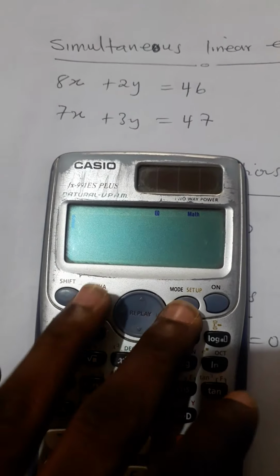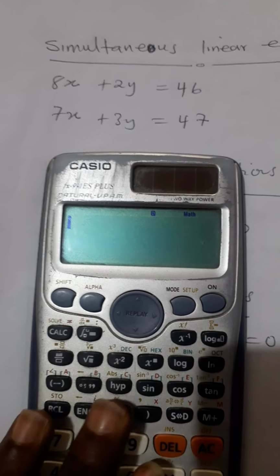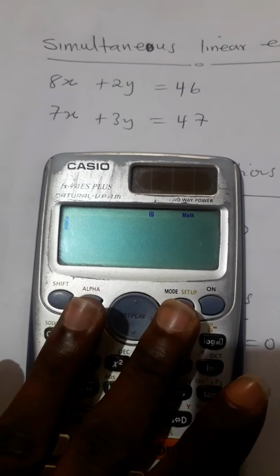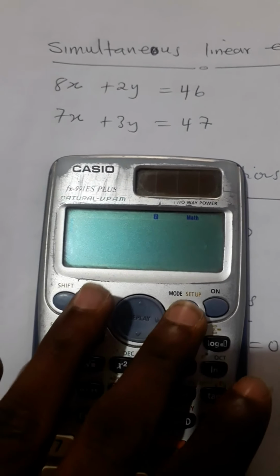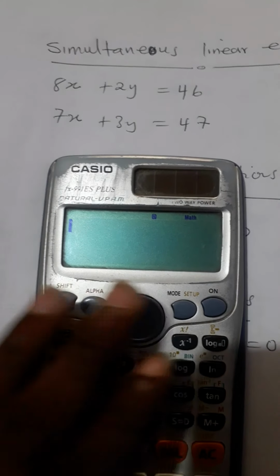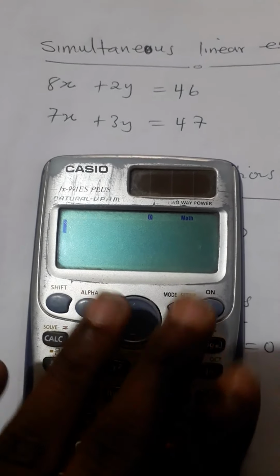The mode key is black. Anything that is black on the calculator, you press and it will come; it doesn't need any shift. The setup key is yellow, so to set up the calculator you need to use the shift. We'll do a video on setting up the calculator, but for now let's do this.